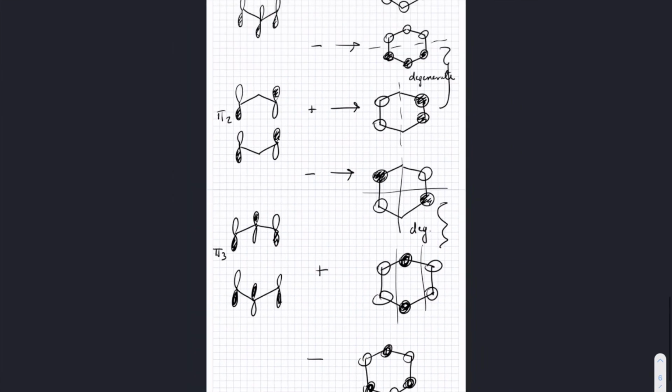Okay? Yes, Kim? So in that case, you use the number of nodes to decide when things are degenerate or not? Which we haven't been able to do with other things. Well, do you know why we are doing that here? When can you use nodes? I believe it works best. The times where we've been a bit confused is when we've looked at nodes between sigma type and pi type orbitals, where the kind of overlap is qualitatively different.